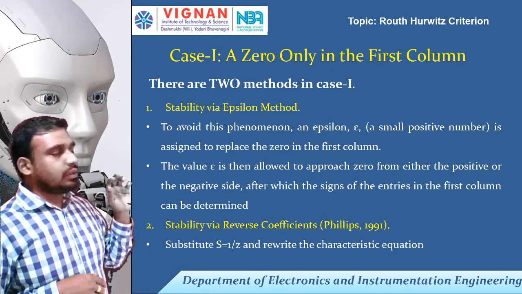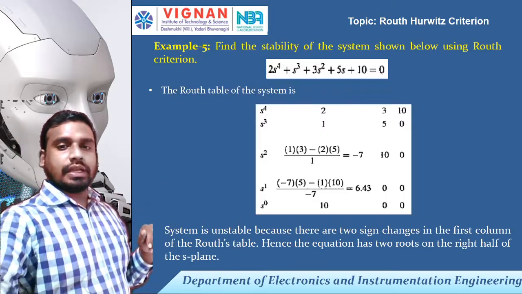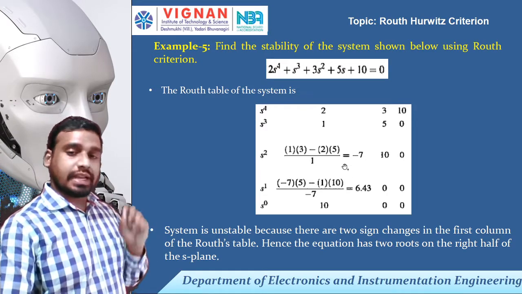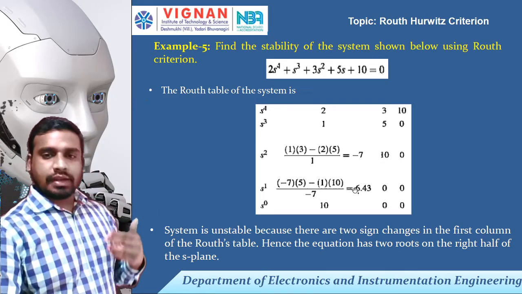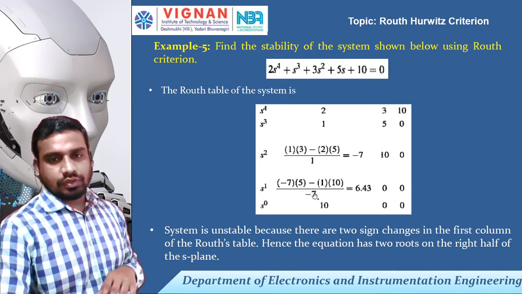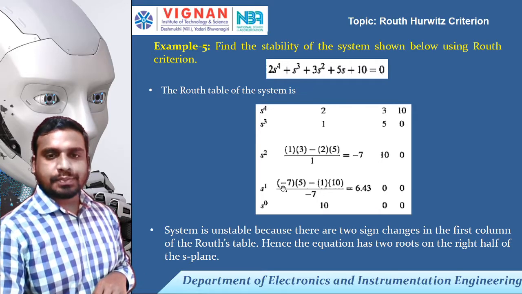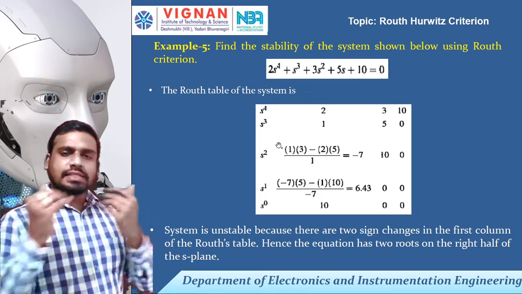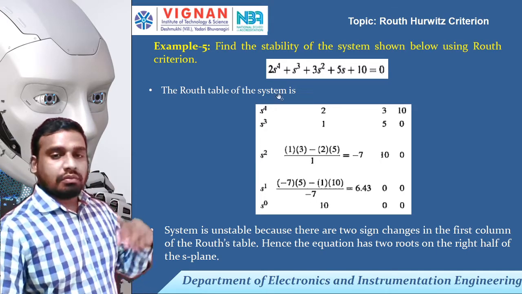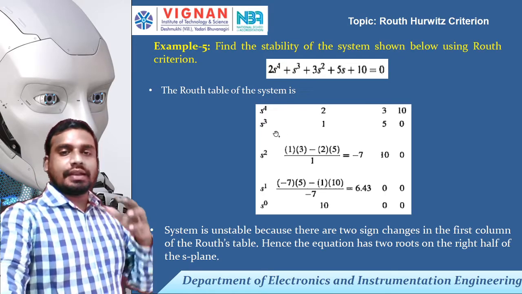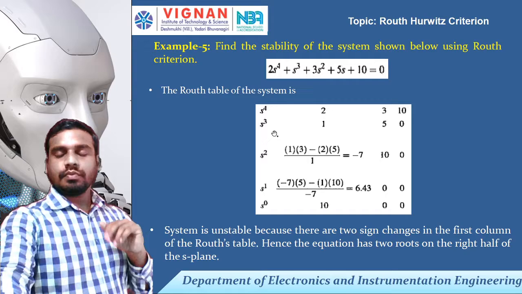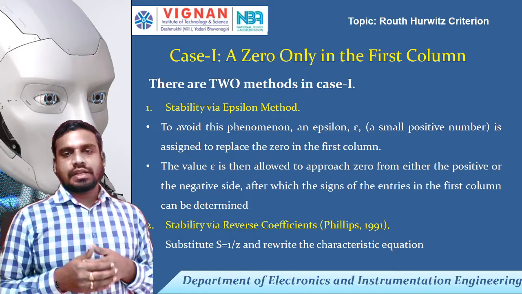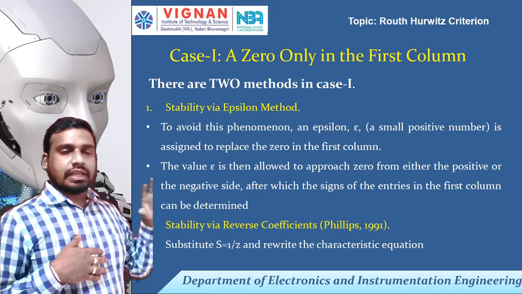So instead of writing 0 here, we'll write epsilon and compute the next steps based on this epsilon value. When you substitute, what do you get in the next step? Epsilon into 5 minus 1 into 10, divided by epsilon. So epsilon is some positive value. Then we can write the conditions on the range of epsilon for which the system is stable. We'll see that. That is one method, computing the Routh table by substituting epsilon.